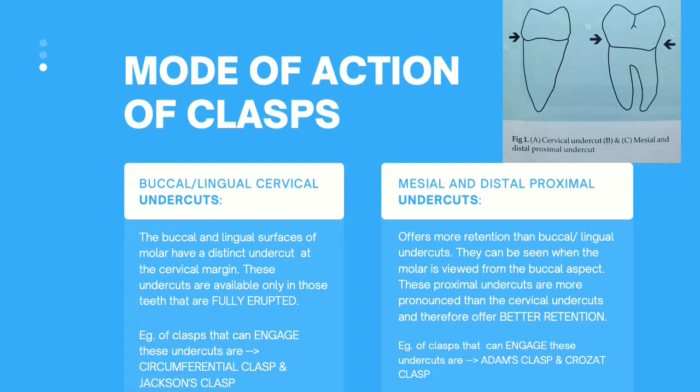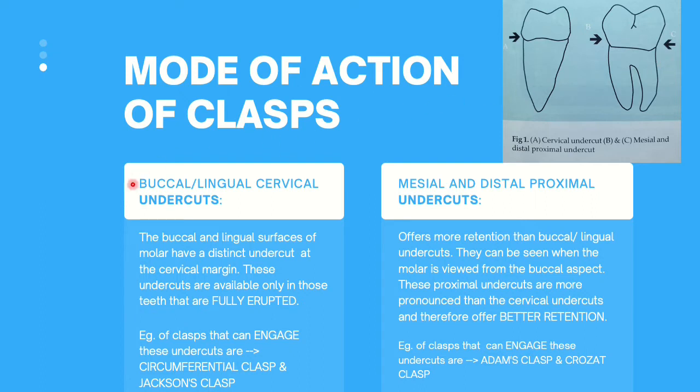The first is the buccal or lingual cervical undercuts, and the second is the mesial and distal proximal undercuts. In figure 1, A is the cervical undercut, whereas B and C are mesial and distal proximal undercuts.